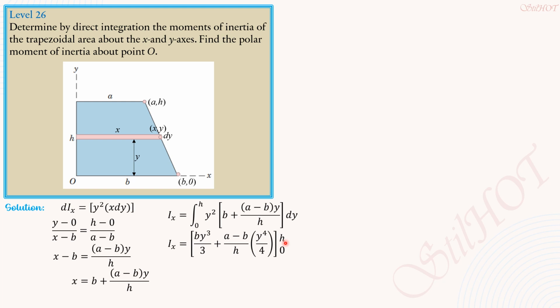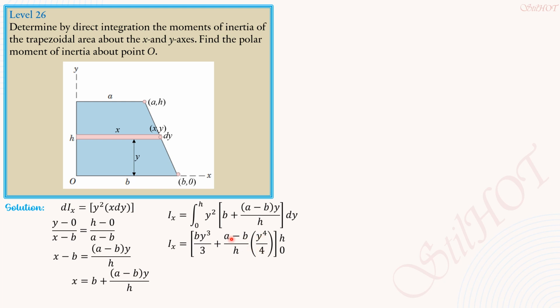So substituting the upper limit, we have b h cubed over 3. Then we have a h to the fourth over h over 4. So that's a h cubed over 4. Then minus b h cubed over 4.